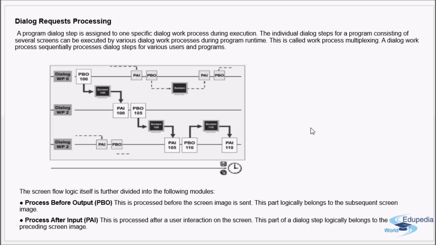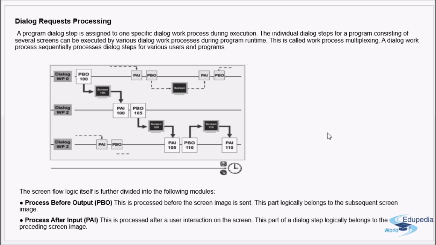So if we have n dialog steps in a program, each dialog step can be executed by a single work process, or it can be executed by different dialog work processes. This technology is known as work process multiplexing.